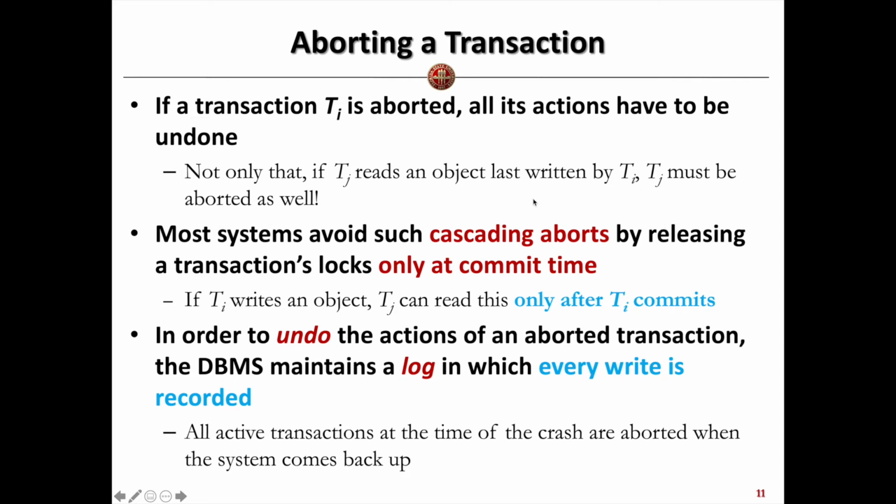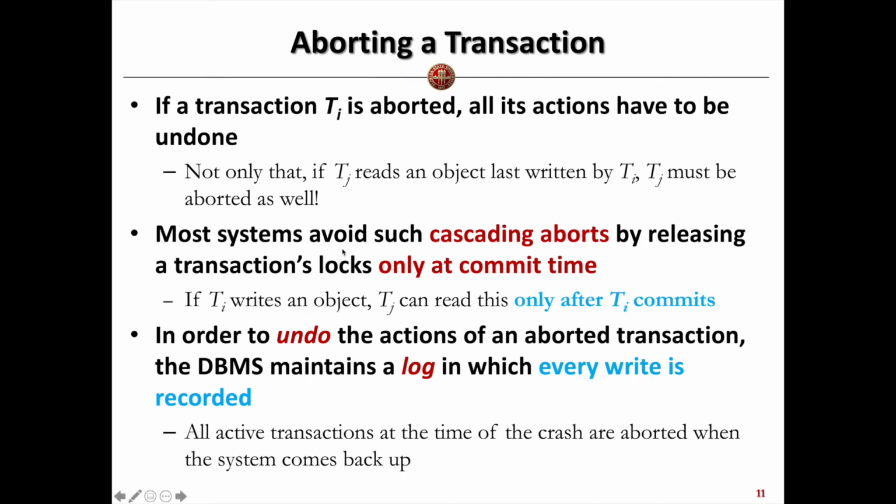The data we read based on Ti is not reliable because Ti is aborted, so Tj must be aborted as well because it reads unreliable input. This is called cascading abort, and this can be common in database systems if we don't have any protections for data reads among different transactions.